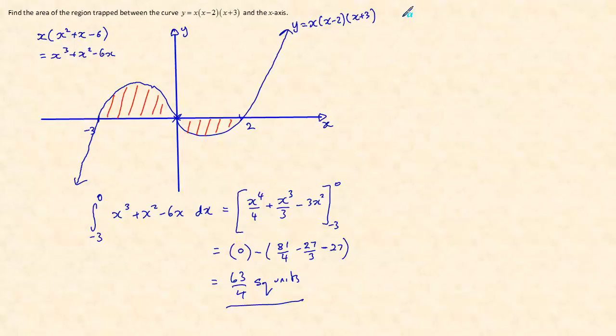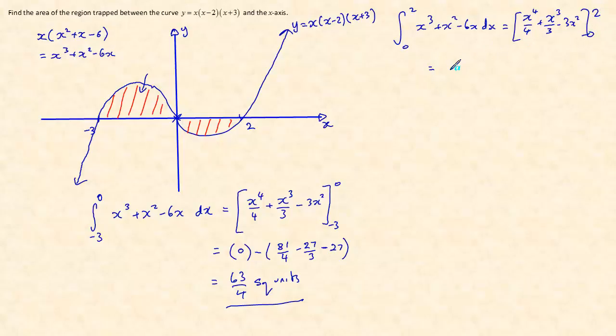Now, we also want the integral from 0 to 2. So this bit gives us this area here, and now we want this area here, of x cubed plus x squared minus 6x dx. Well, obviously it's integrating to the same thing, so it's x to the 4 over 4 plus x cubed over 3 minus 3x squared, and there we're going from 0 to 2.